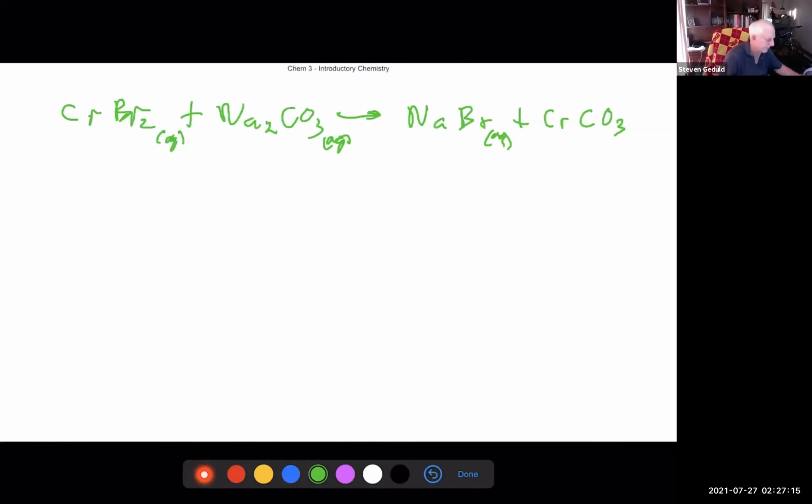Carbonate is insoluble in water, so chromium carbonate is a solid.